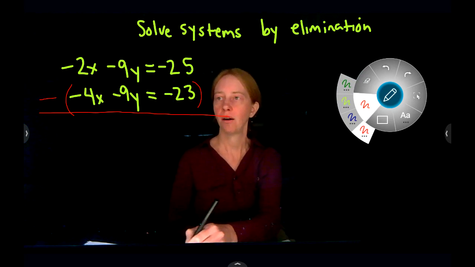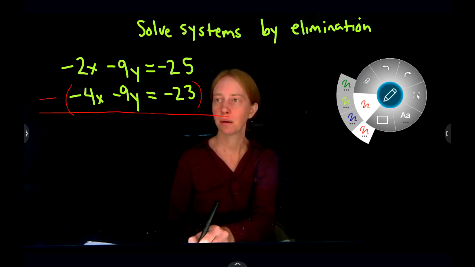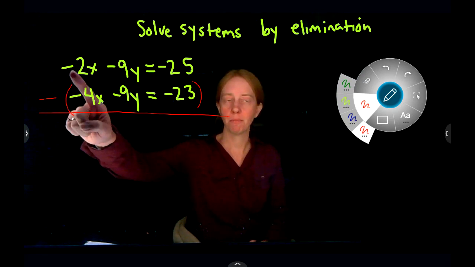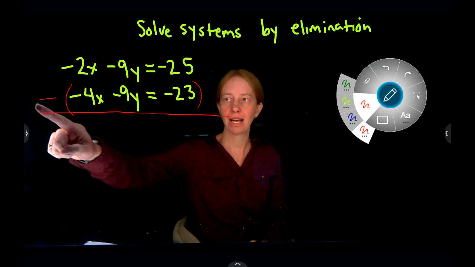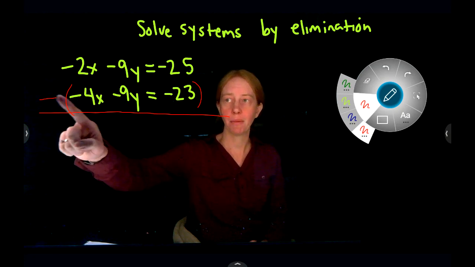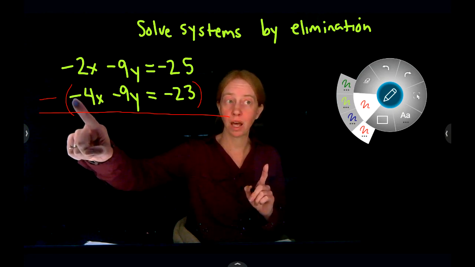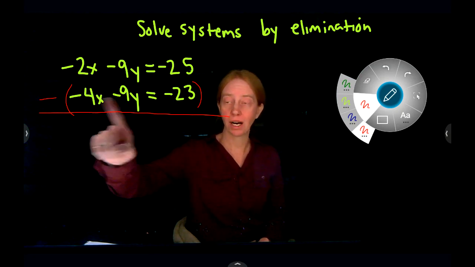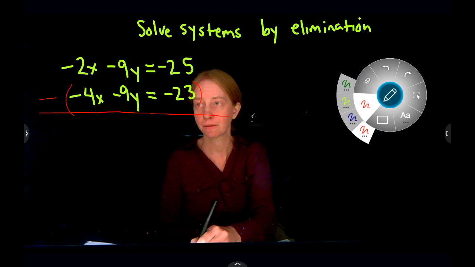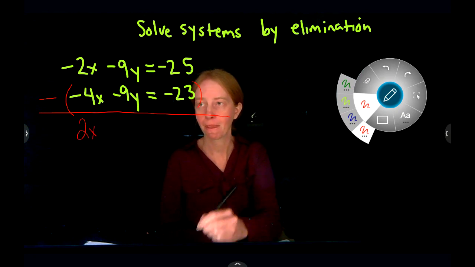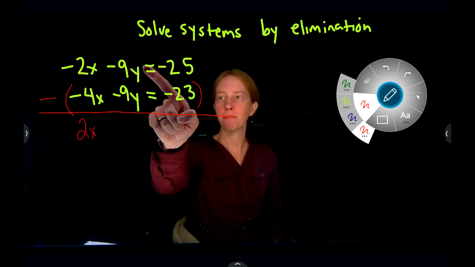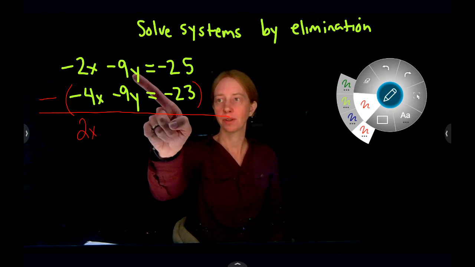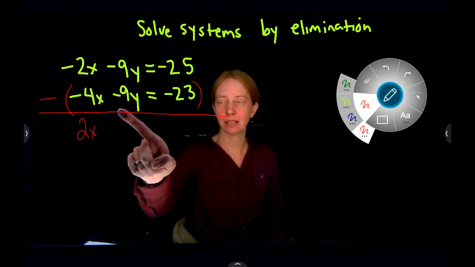Okay, now -2x minus a -4. So you have your -2x minus a -4. Now, minusing a minus is really plus, right? So -2x plus 4x is 2x. Okay. We have -9y minus a -9y.